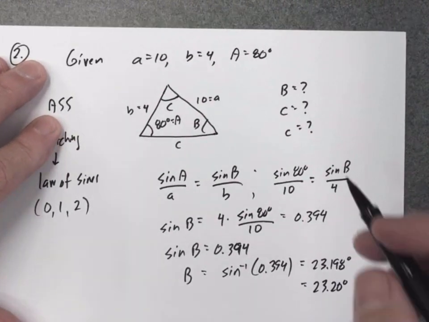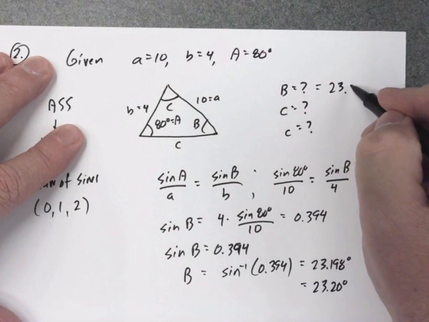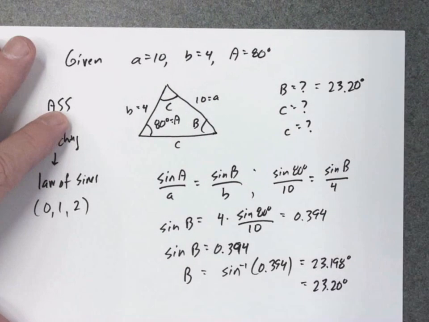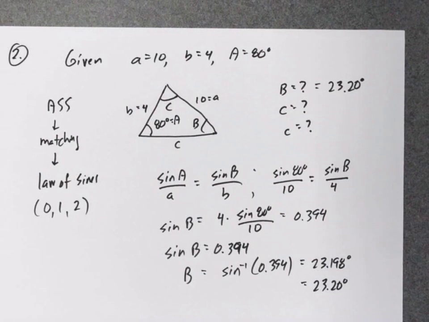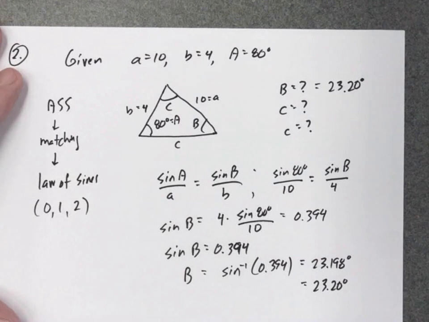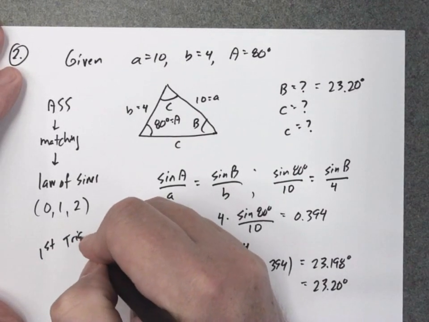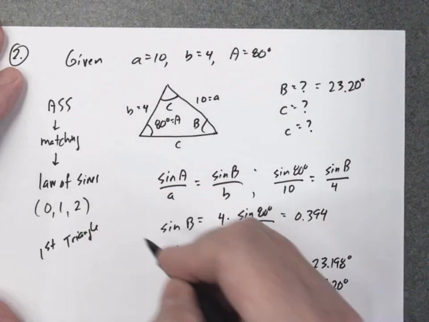So that's B. Now this is going to be my first triangle. Later on, I'm going to have to check and see if there's a second triangle. There's no other way to know it than to check it, and we'll do that in a minute. Let's finish out what I'm going to call my first triangle. Matter of fact, maybe I'll label this over here. First triangle.